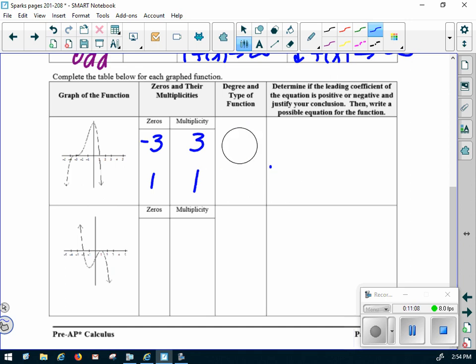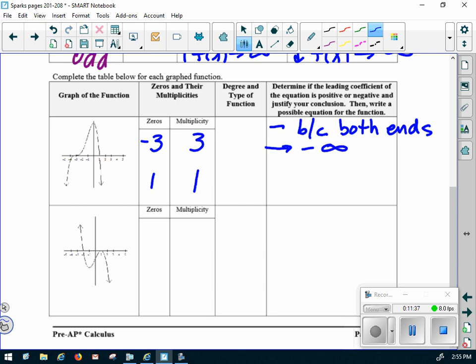Do you think the leading coefficient is positive or negative? Negative. Because both ends do what? Both ends approach negative infinity. Then write a possible equation for the function.